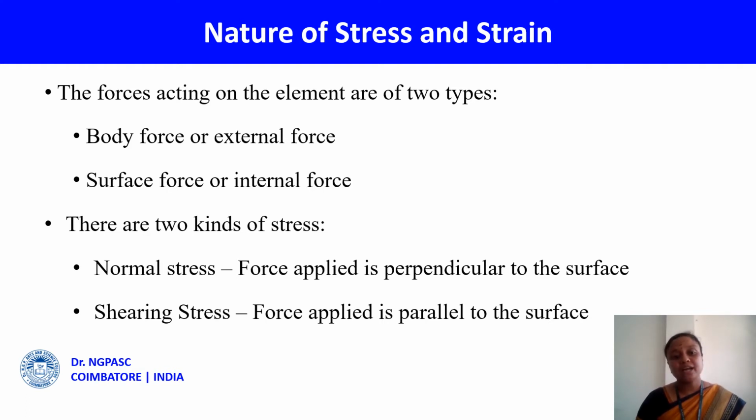Following that, there are two kinds of stress, namely normal stress and shearing stress. Normal stress is when the force applied is perpendicular to the surface. Shearing stress is when the force applied is parallel to the surface.